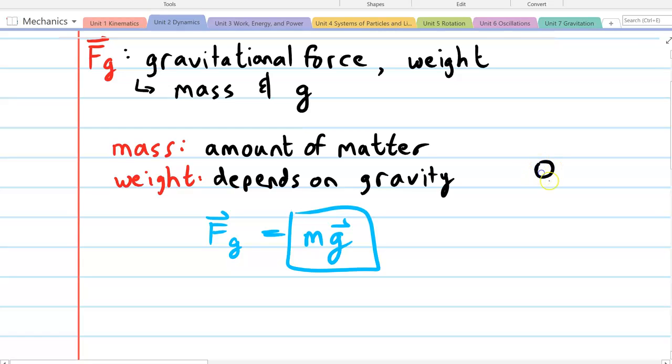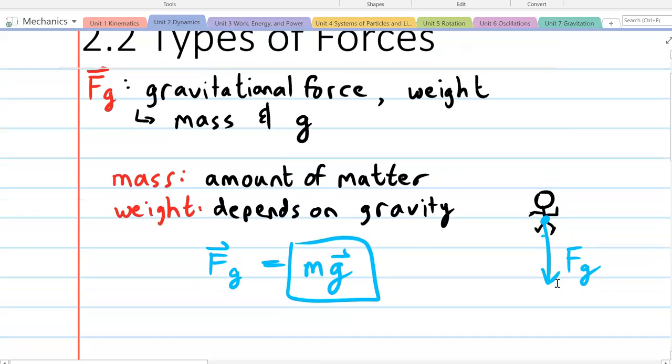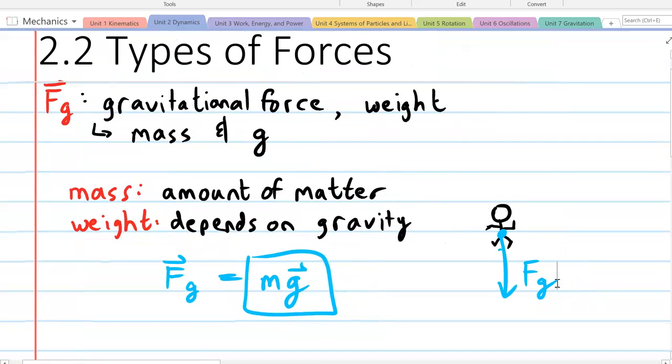Let's say I have a person here, and he's just falling through the air. The gravitational force always points down. Let me draw it at his center, right here. The gravitational force points directly down, no matter what, for the purpose of this unit.